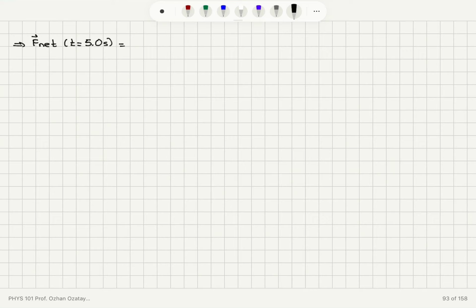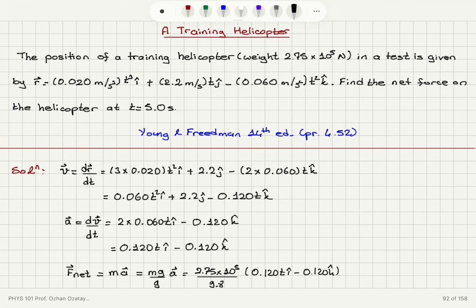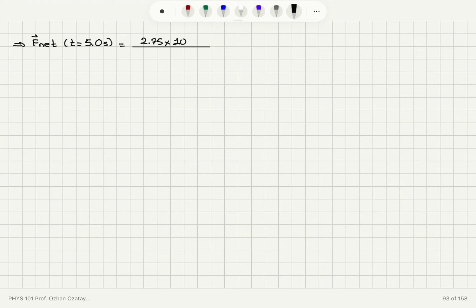This gives me 2.75 times 10 to the 5 times 0.12 in parentheses, 5 i hat minus k hat, divided by 9.8.